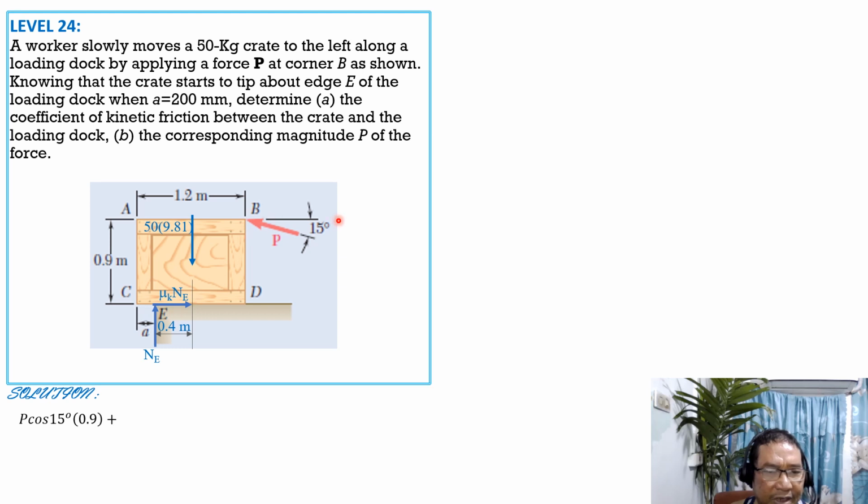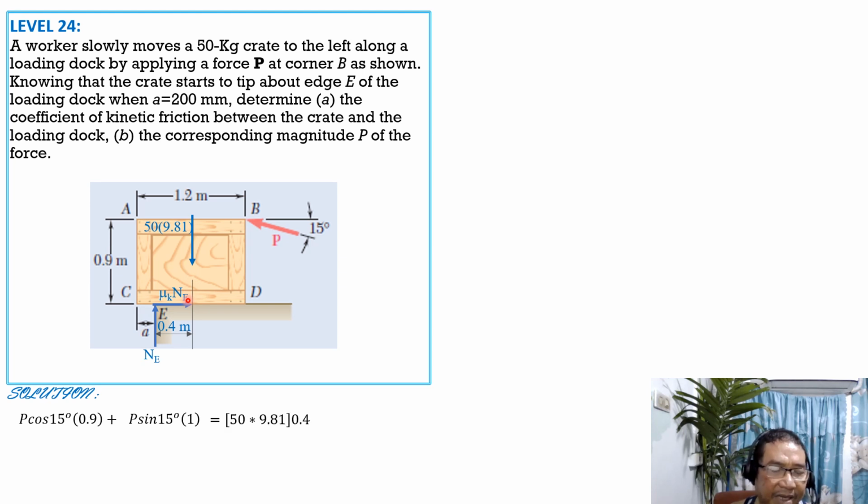The horizontal component of P, P cosine 15 degrees, with counterclockwise positive, has a moment arm of 0.9. Then the vertical component will also be counterclockwise about E, so plus P sine of 15 degrees times this distance, 1.2 meter minus A, which is 0.2, so times 1, equals the moment of the weight, 50 times 9.81 times 0.4.